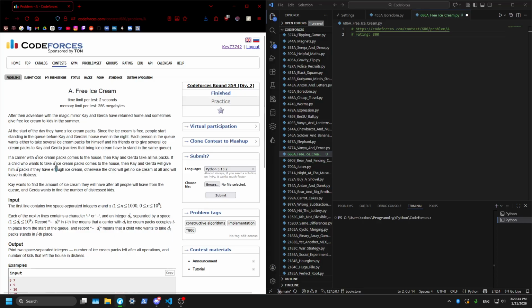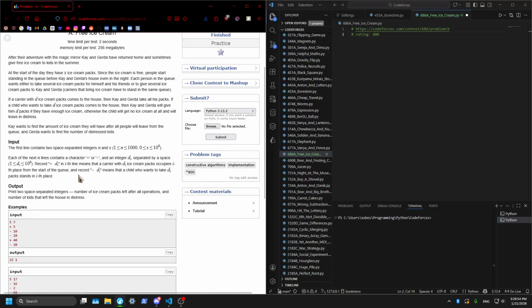Kay wants to find the ice cream they will have after all people leave the queue, and Gerda wants to find the distressed kids. Okay. Print out two integers: the number of ice cream packs left, and kids in distress.